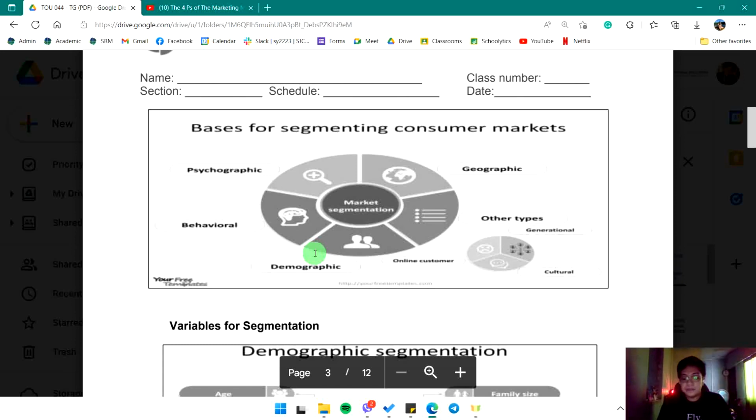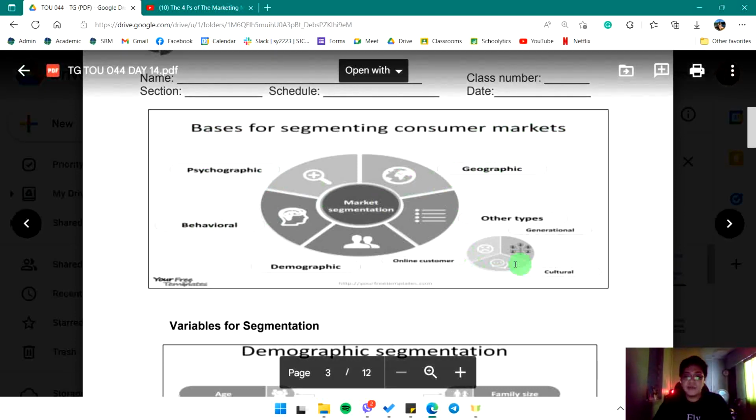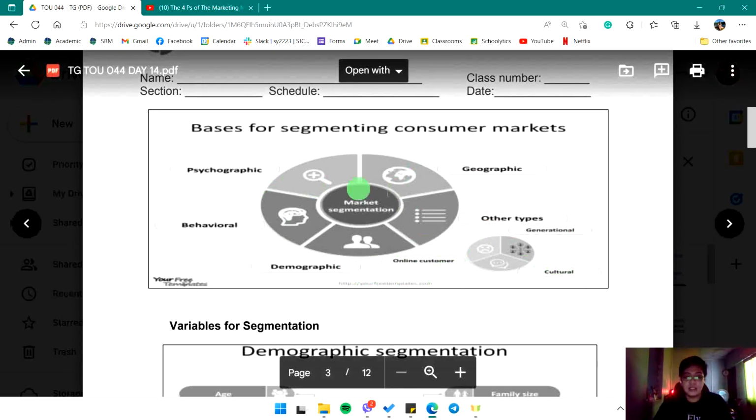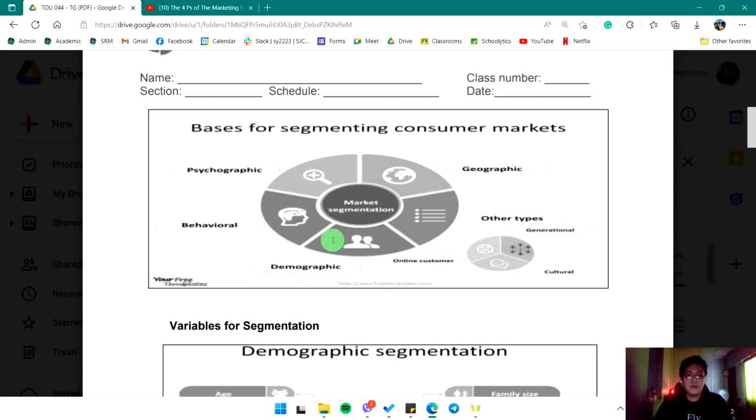Ito po yung mga, ayun nga, yung mga categories na sinasabi natin, wherein dito natin ngayon sinesegregate yung mga tao based on their demographic profiles, based on their behavior, based on their psychographic profiles, geographic profiles, and other types of segments na. Nandiyan yung online customers, cultural, and generational. So let's dive in further when it comes to market segmentation.